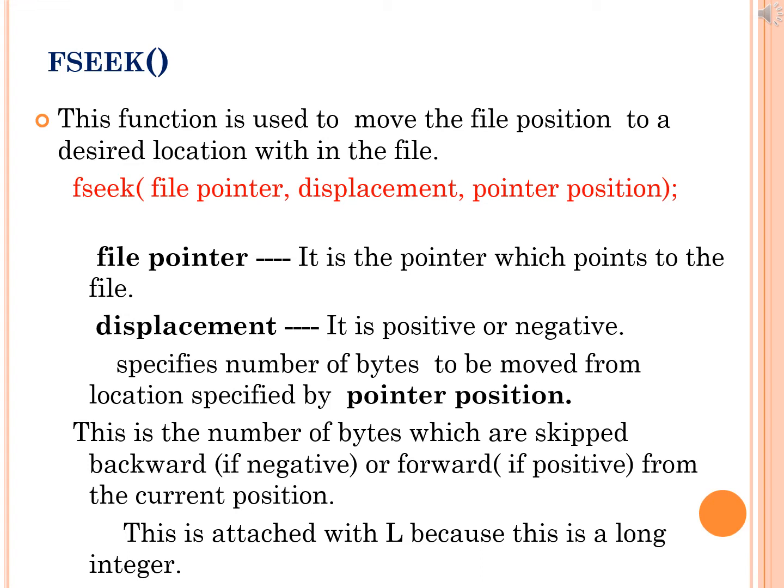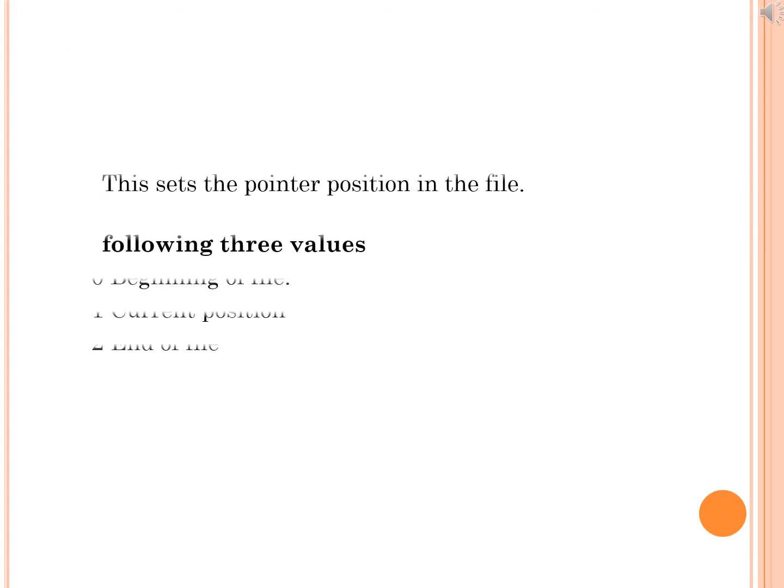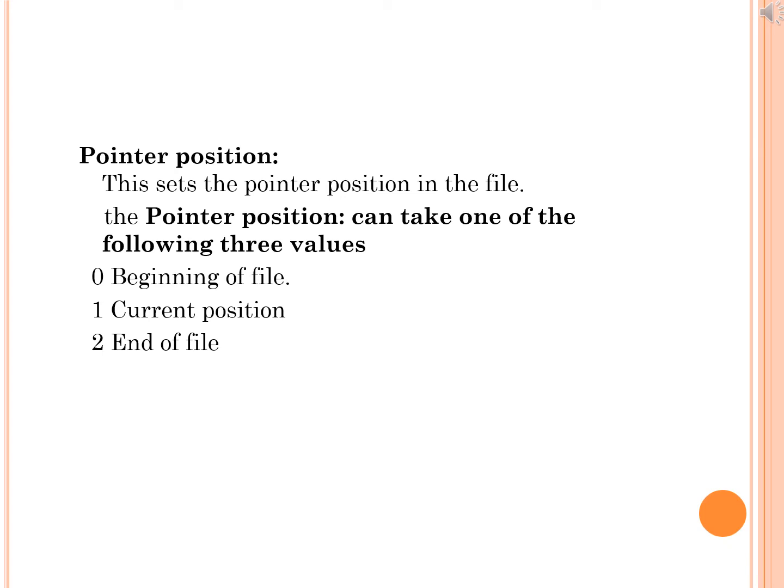It specifies the number of bytes to be moved from that particular pointer position. If you want to move forward, you will put it as positive. If you want to move backward, you will put it as negative. And always an L is attached to the displacement because it is of type long integer. Pointer position is the position in the file from which you want to move forward or backward.